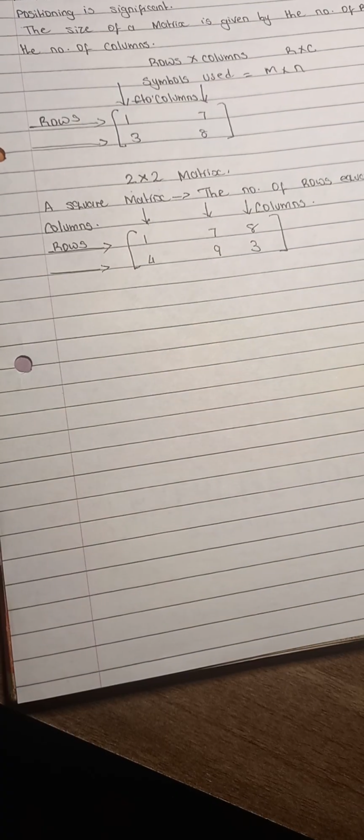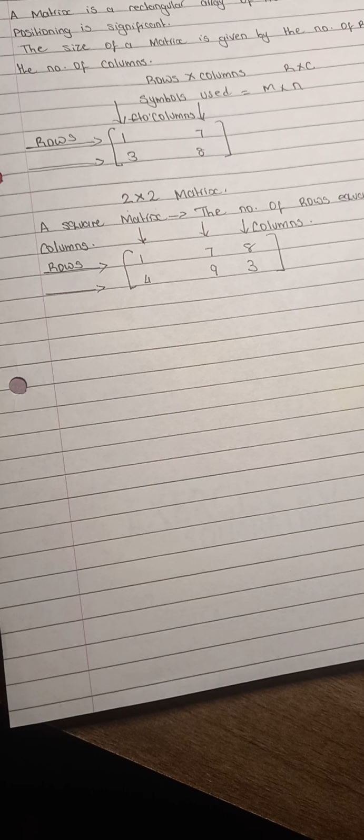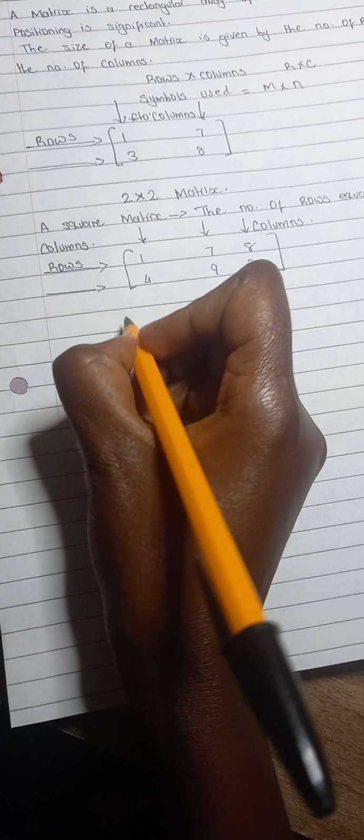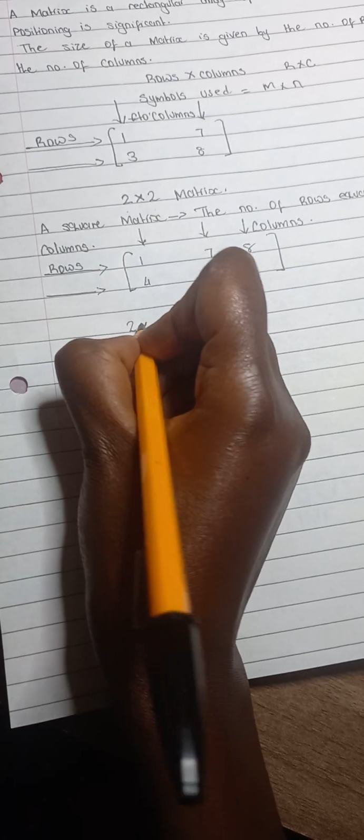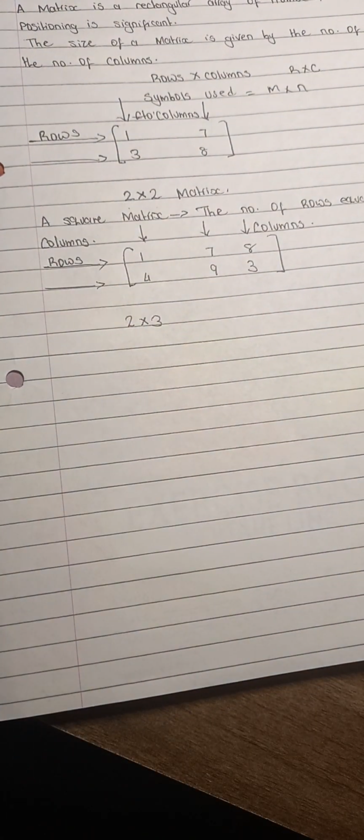So what is the size of this matrix? You start with the rows, 1, 2, and then the columns. So we're going to say it's a 2 by 1, 2, 3. 2 by 3 matrix. It is that simple. It's a 2 by 3 matrix.